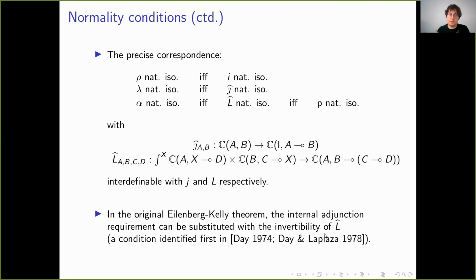So we ask for this invertibility of the hat also in the original definition of closed category. Interestingly, this condition was already identified in the past by Day and LaPlaza, and it appears in a couple of places. But then we didn't manage to actually find it after the 70s in the literature, so it was kind of lost.